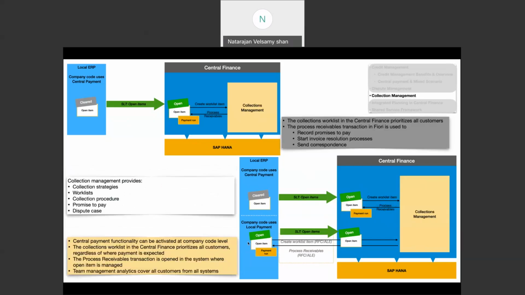Now comes collection management. The benefits of collection management are collection strategies and work list. Collection strategies are the basis for the automatic creation of daily work list for collection specialist. And work list ensures evaluation, identification, stratification, and prioritization of customers according to collection strategy.